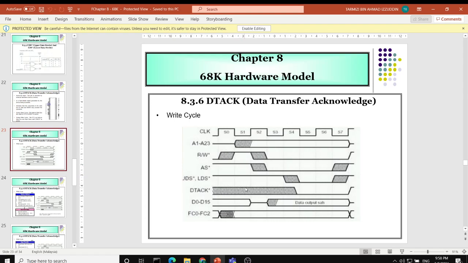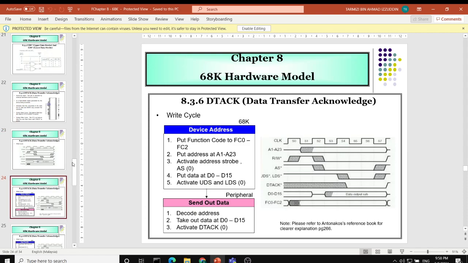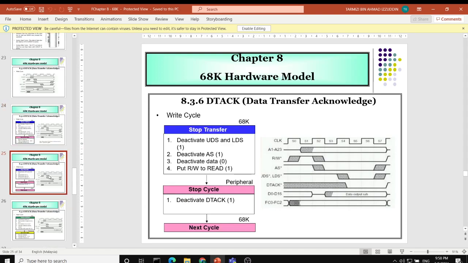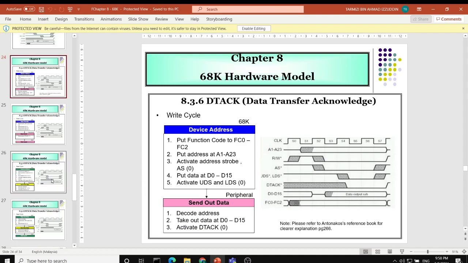And when can the CPU read from the data bus, or should it wait until it can read from the data bus? We're going to look at the cycle.